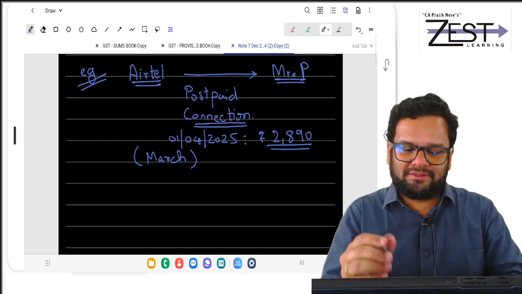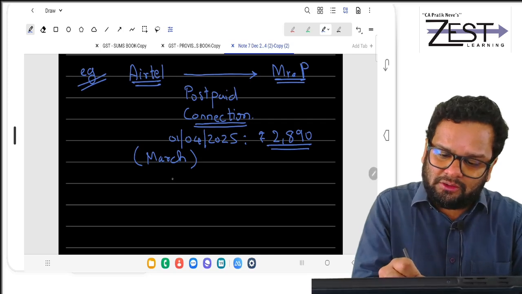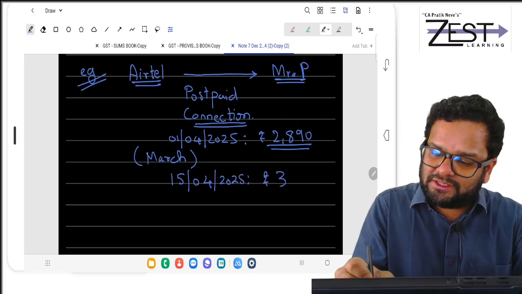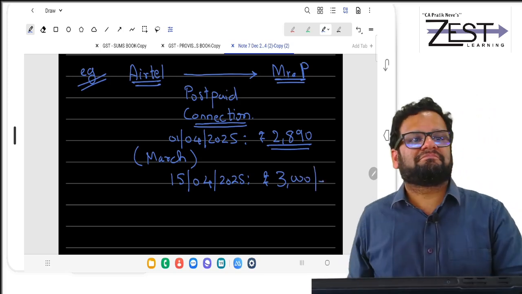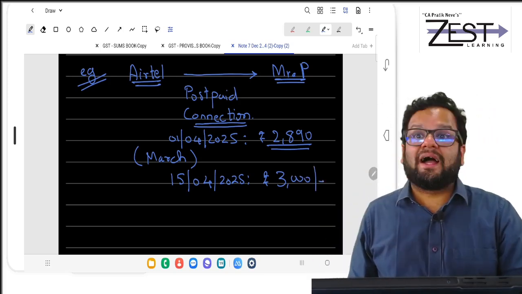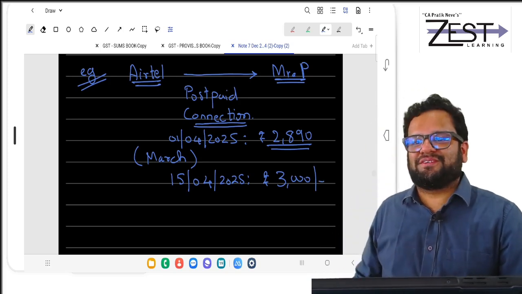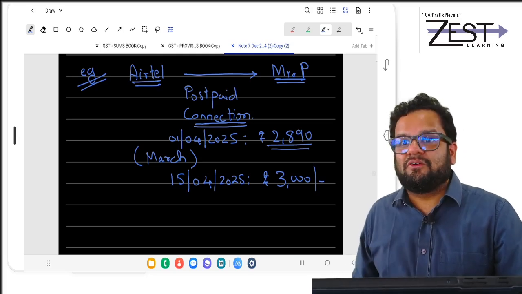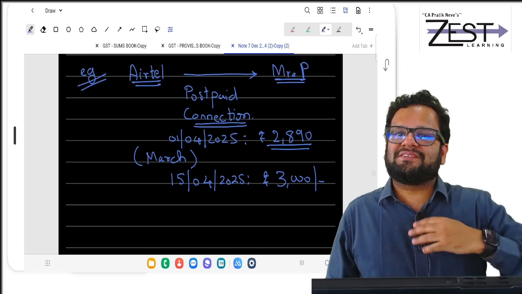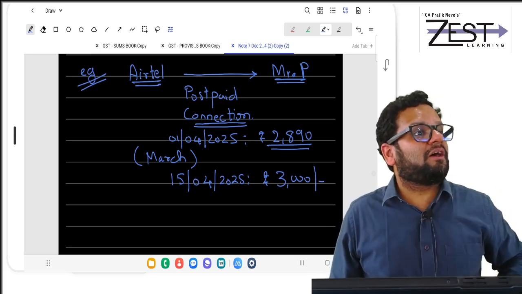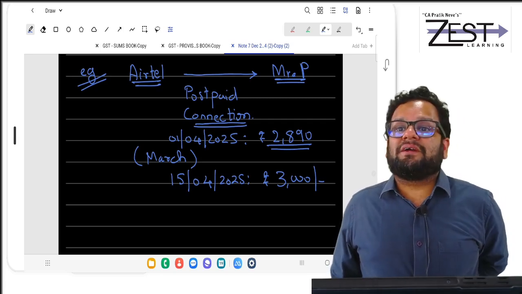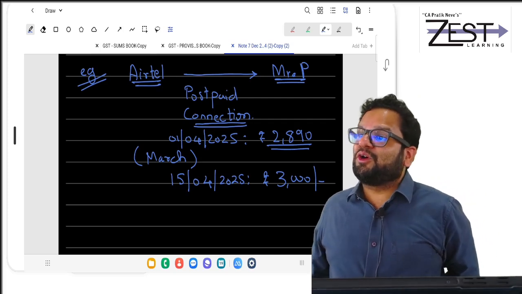So what happens on 15th of April 2025? I pay rupees 3,000. I have paid advance without my knowing. How much extra have I paid? 110.